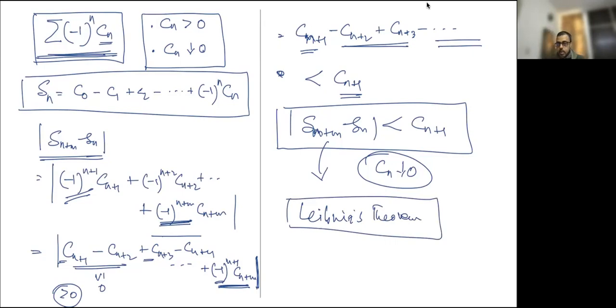So if the signs are alternating, and the absolute values of the nth terms are decreasing and they decrease to 0, then the series would converge. Okay, so any question?